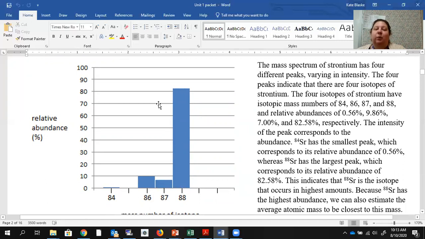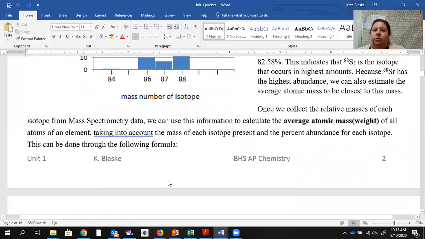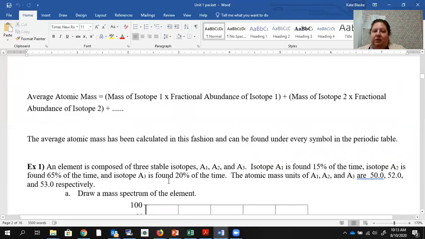So we can tell that when we take the average of all of this information, that average mass is going to be close to 88, but is it going to be above 88 or below 88? Because these isotopes are smaller than 88, it will be slightly lower than 88. So we can just look at that as an estimate. We can also do calculations to determine what those average atomic masses are.